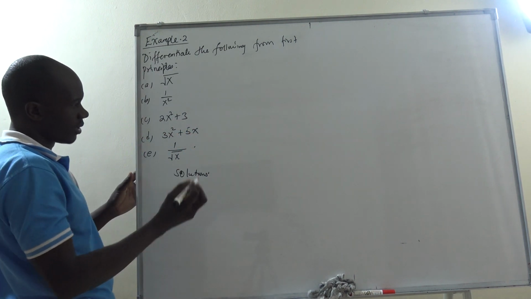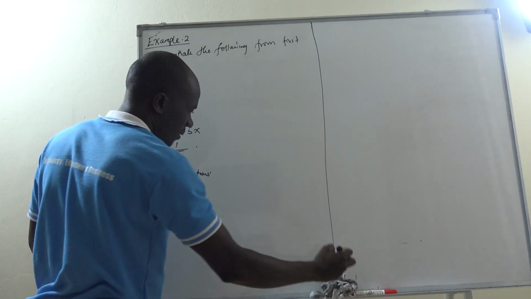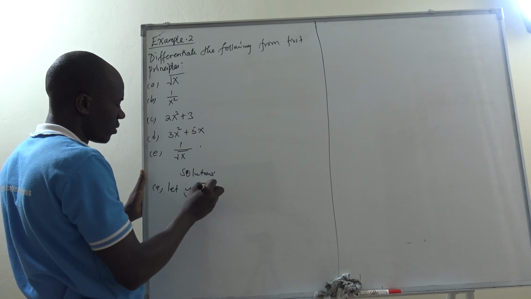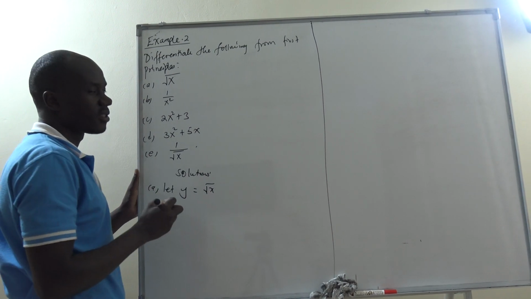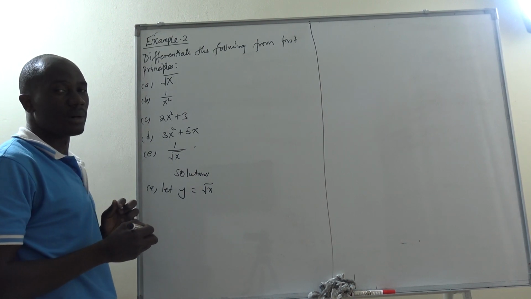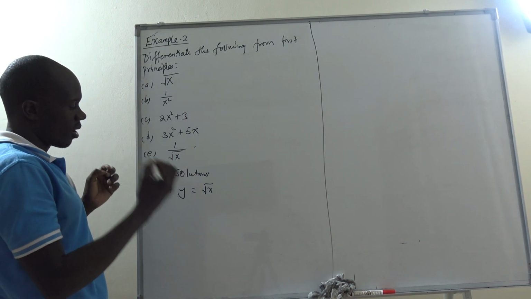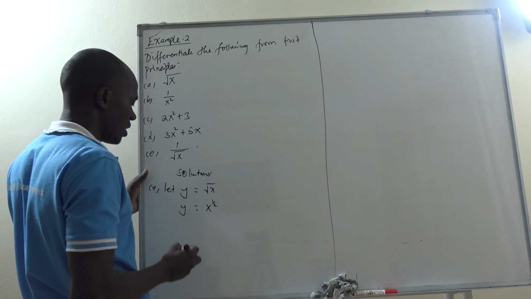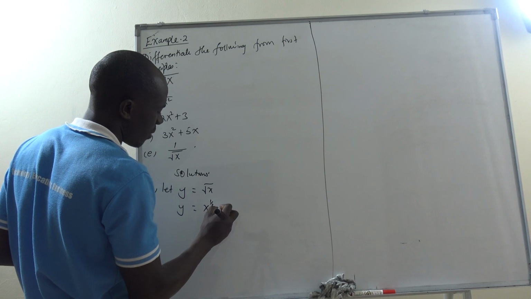So when we try to start with the solution, on part A, let y equals root 2x. And when you talk about a root in mathematics, it is the same as power half, as we looked at in indices. So y equals x power half.